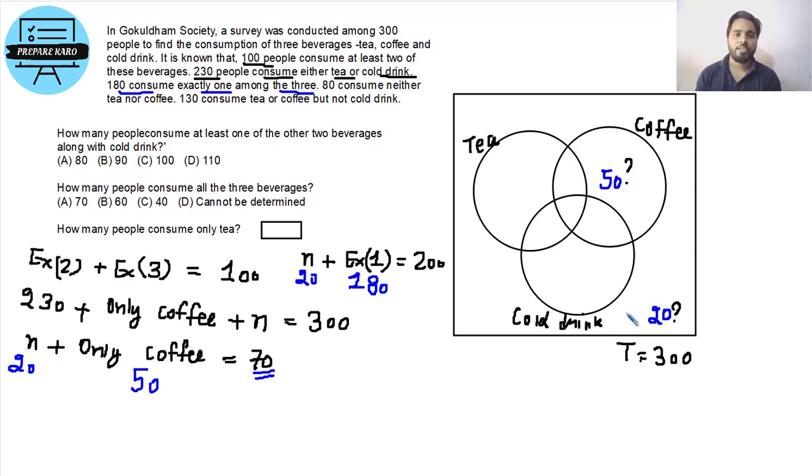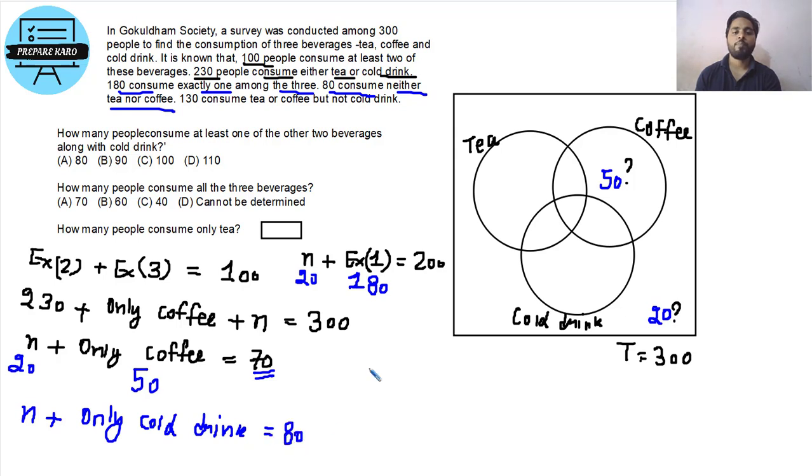Last statement says, okay, 80 consume neither tea nor coffee, which means only cold drink plus none is 80. Why?